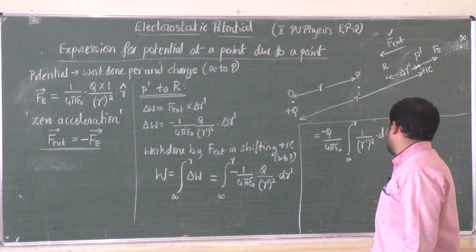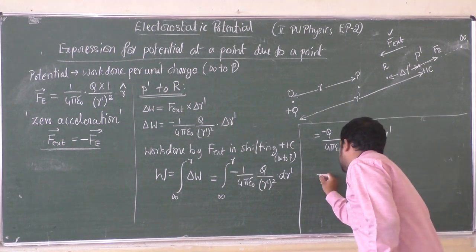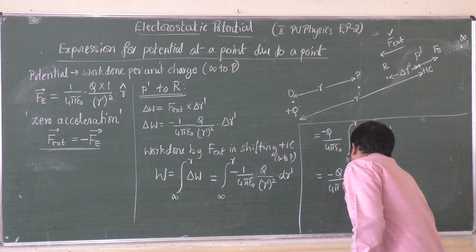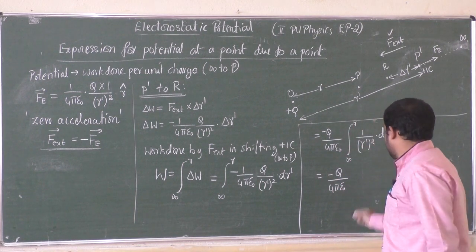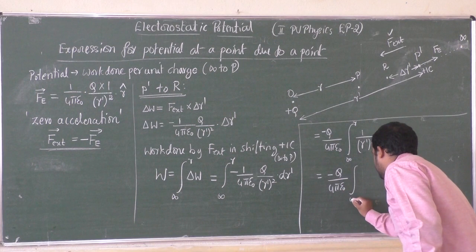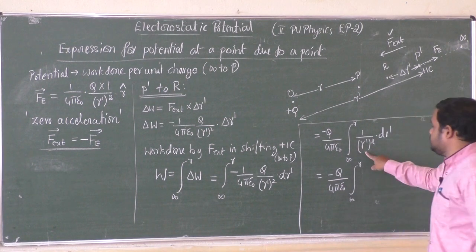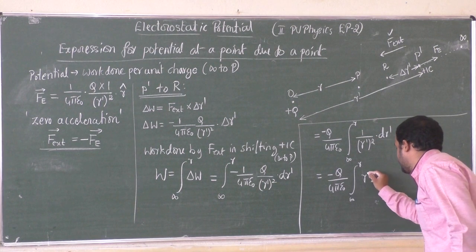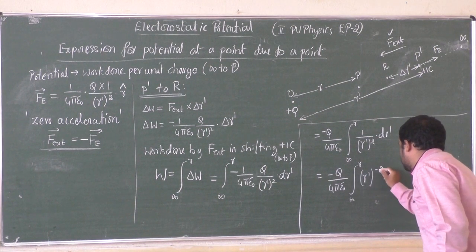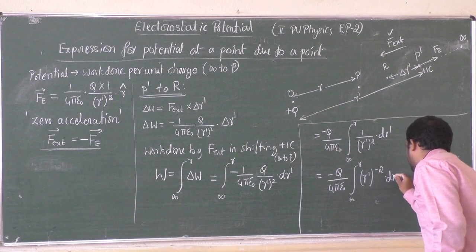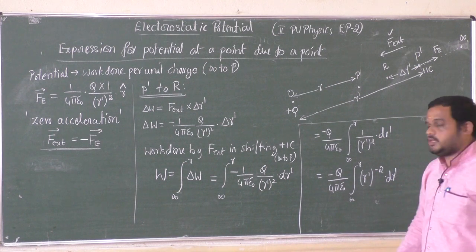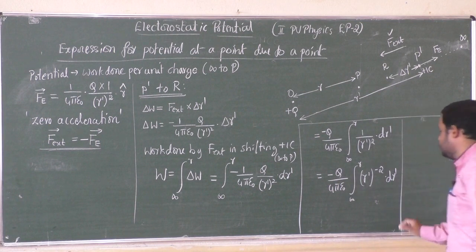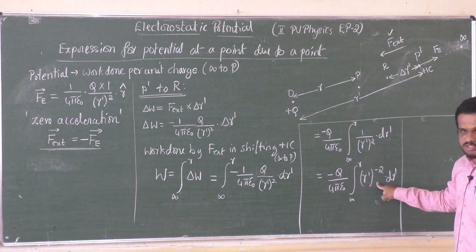1 by r dash square into dr dash, that is equal to minus Q divided by 4 pi epsilon naught, integral from infinity to r. Taking r dash square into the numerator, it becomes r dash to the power minus 2 into dr dash. Now integrate this term.